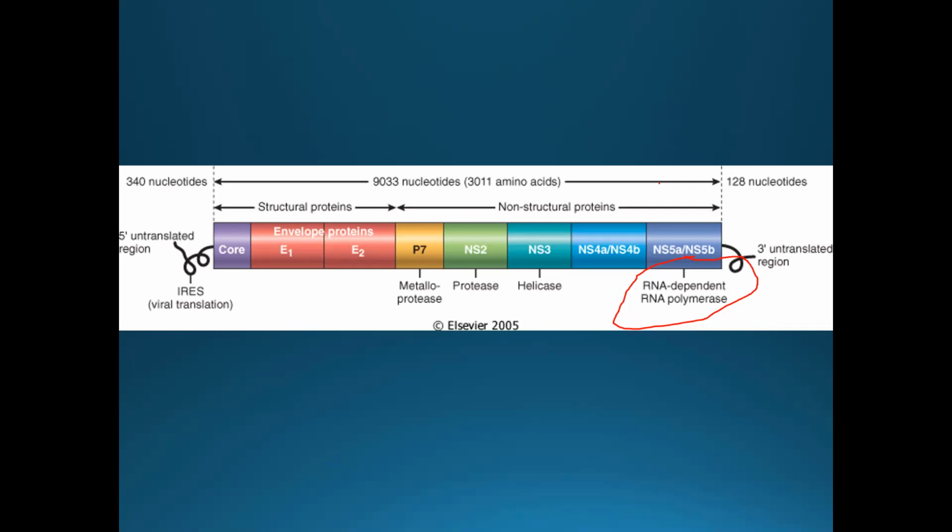The E2 protein of the envelope, also circled in red, is the target of many anti-HCV antibodies, but is also the most variable region of the entire viral genome, enabling emergent virus strains to escape from neutralizing antibodies.